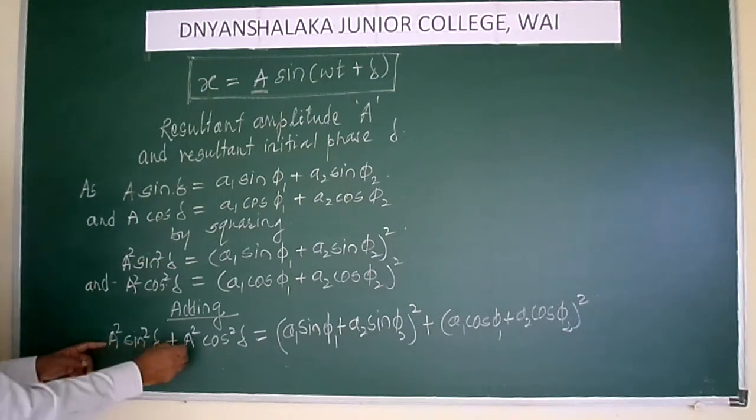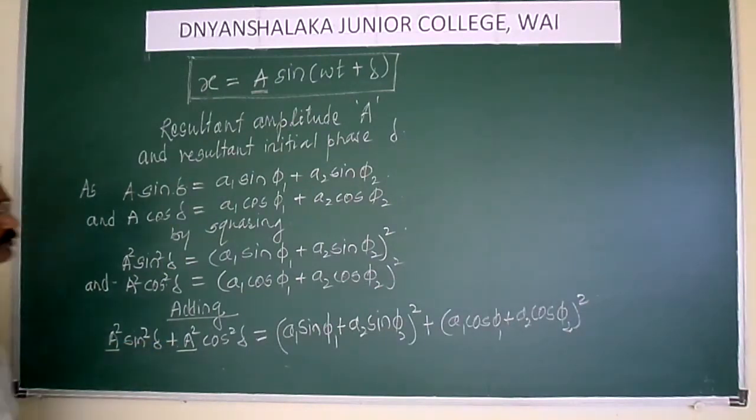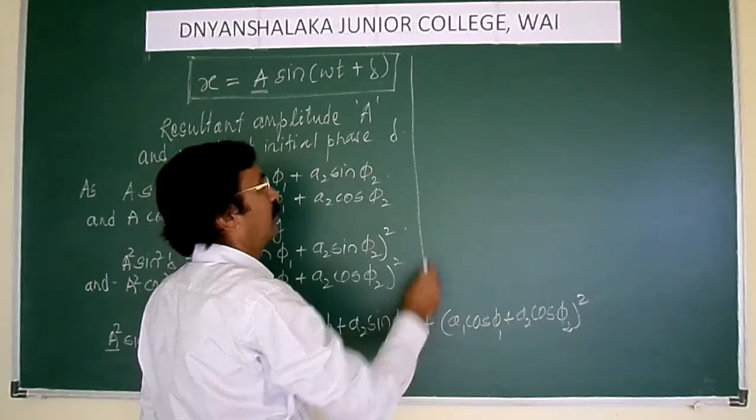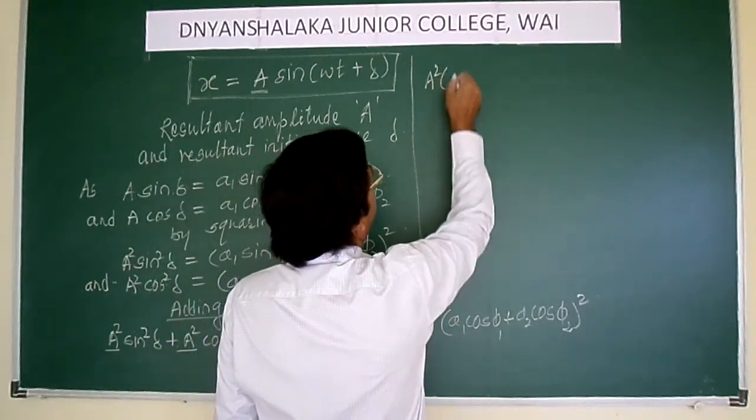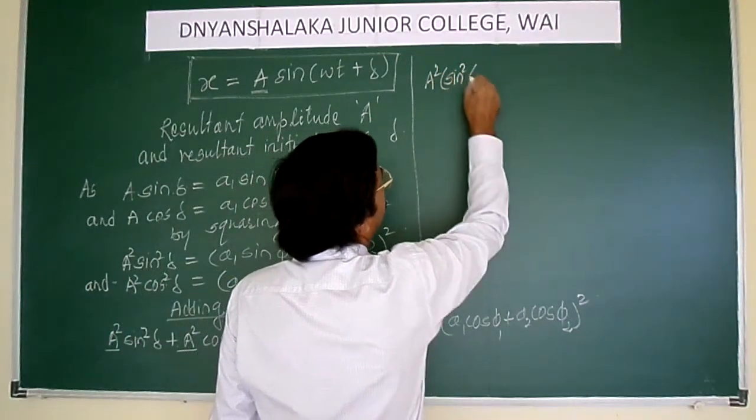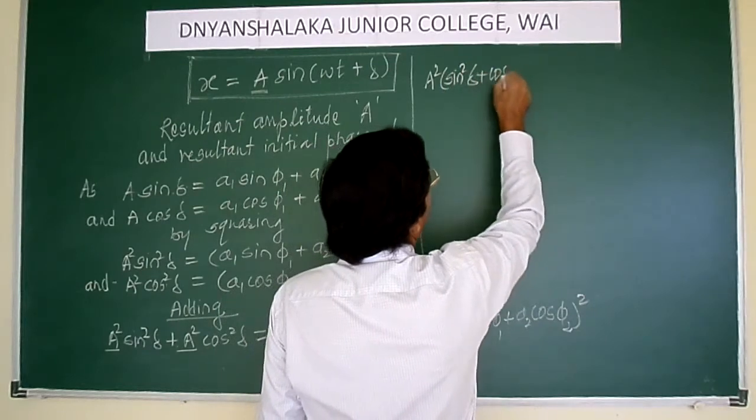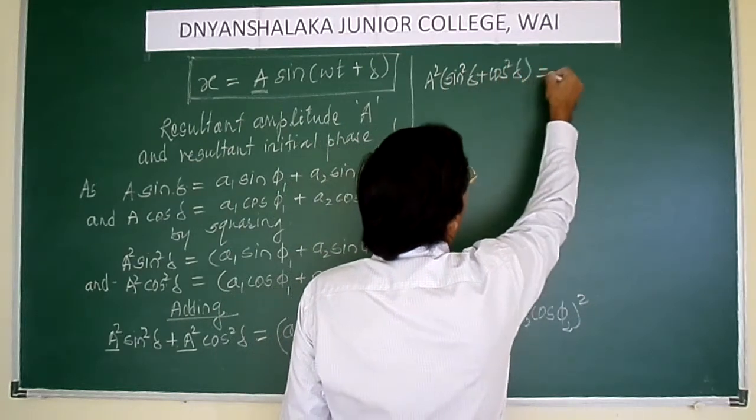So from this expression we will take A square common, A square in the bracket sin square delta plus cos square delta.